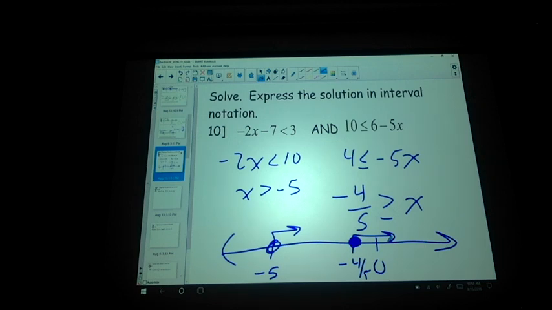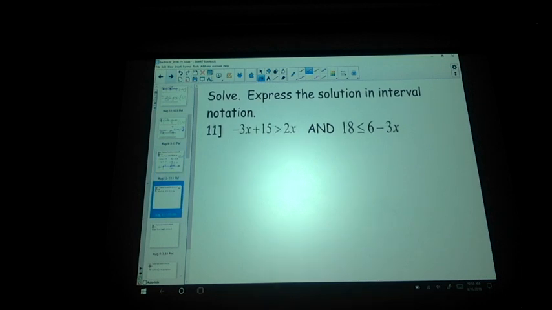No. After the negative 4/5. So from -4/5 to infinity, there's my interval notation, right? Oops, that's a rounded bracket, sorry. And statement better go together.